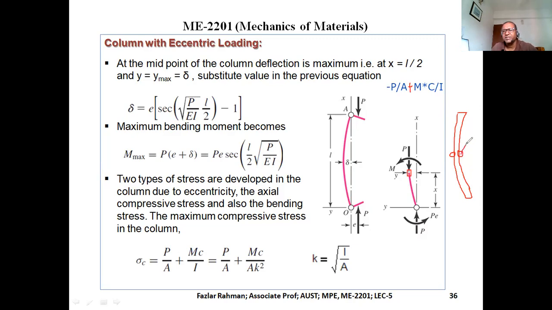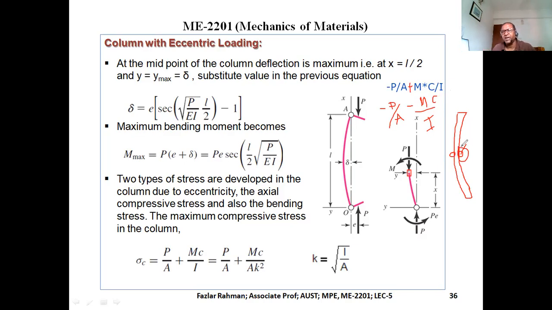If you look at this point, P by A will still be negative, and this MC over I is also negative, because this is the compressive side. So what does it mean? That means this inner side will experience more stress.